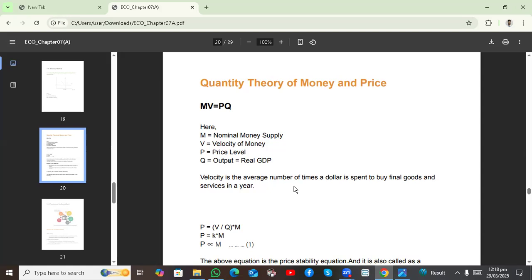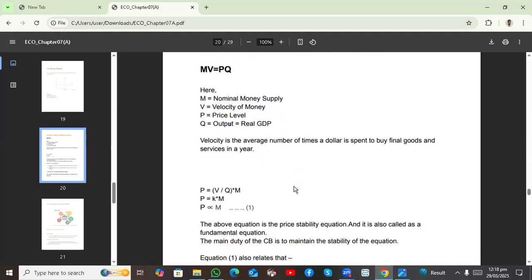Velocity is the average number of times a dollar is spent to buy final goods and services in a year. And we can write this equation as P equals V by Q into M, or P equals K into M, or P is proportional to M.